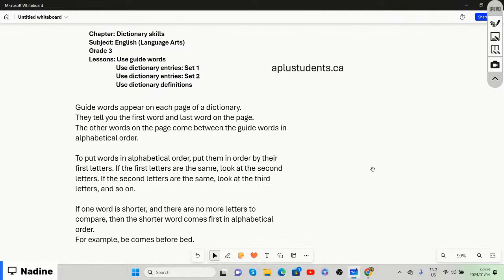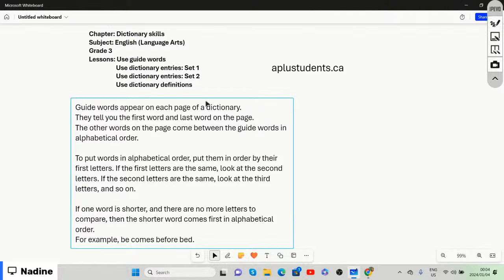All right, so our chapter is dictionary skills. The subject is English, which is language arts, grade 3, and the lessons that we're going to be focusing on under the chapter of dictionary skills are to use guide words, and use dictionary entries, which will be set 1 as well as set 2, which means that we are just going to look at a few entries and look at the specific definitions thereof.